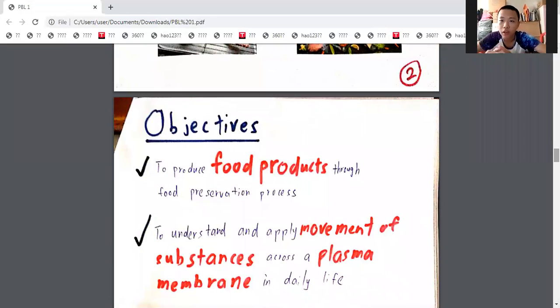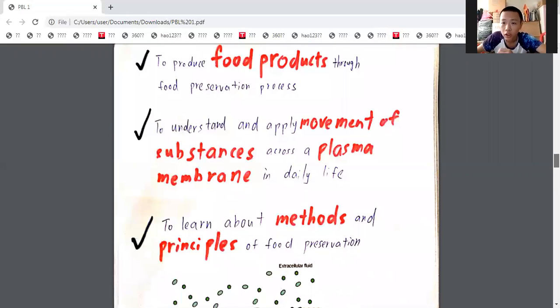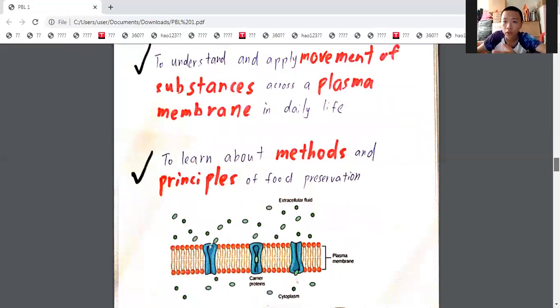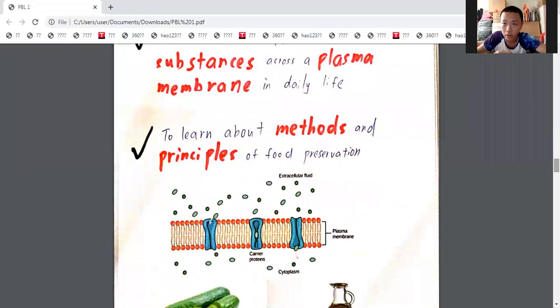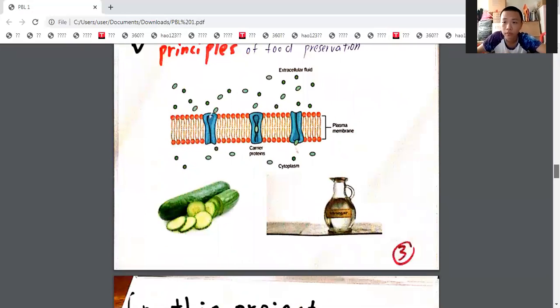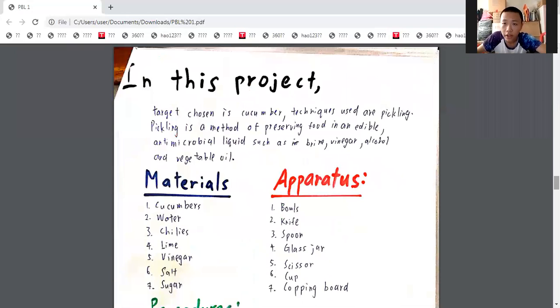The objective of my PBL is to produce food products through the food preservation process, to understand and apply movement of substances across a plasma membrane in daily life, and to learn about the methods and principles of food preservation. In this project, the target I chose is cucumber.